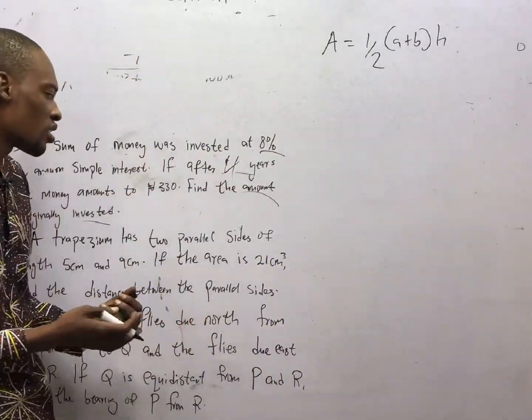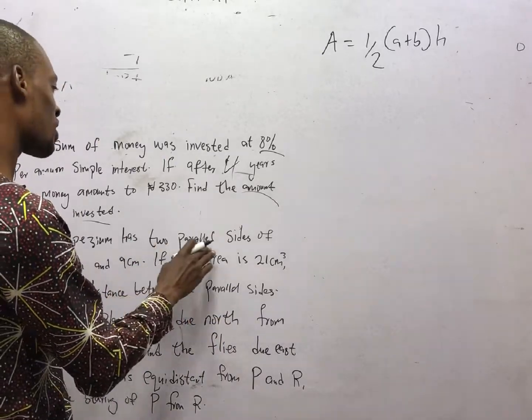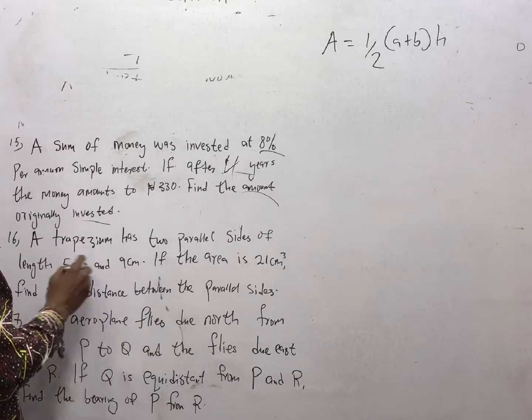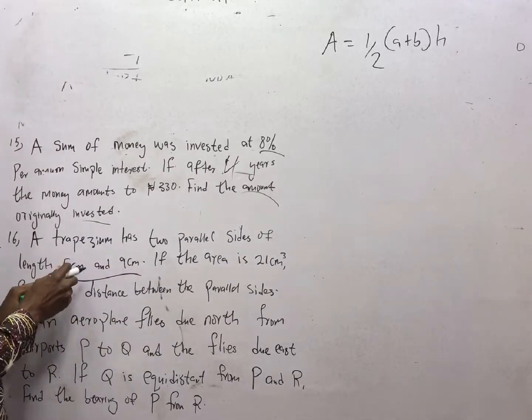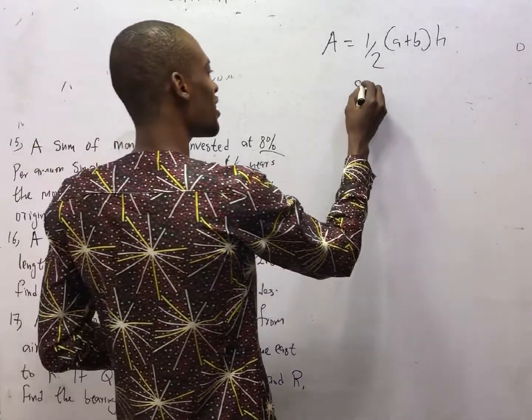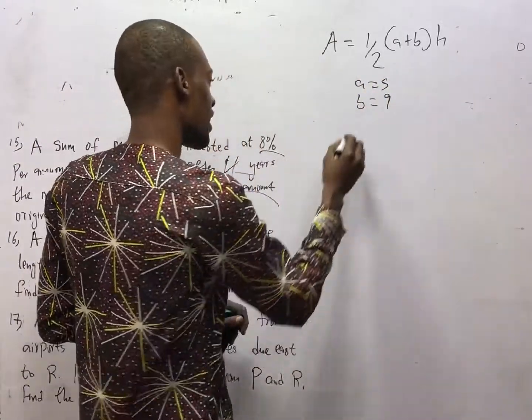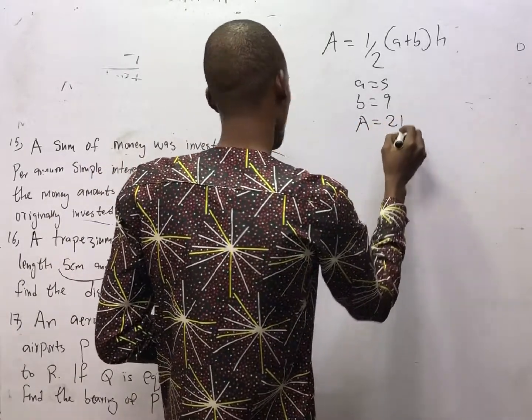In this case, we are given a trapezium with two parallel sides of length 5 centimeter and 9 centimeter. So A and B are given. So let's say A is 5 and let's say B is 9. And area is equals 21.